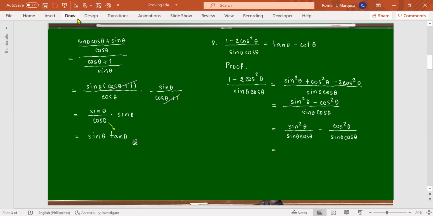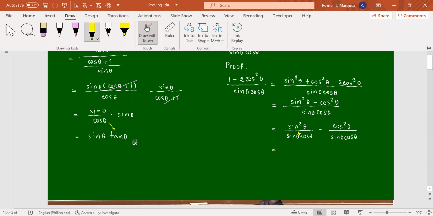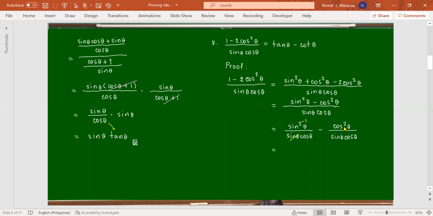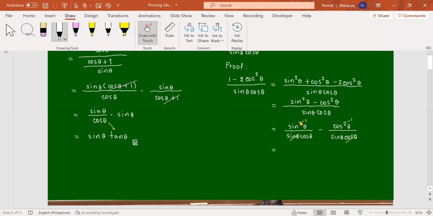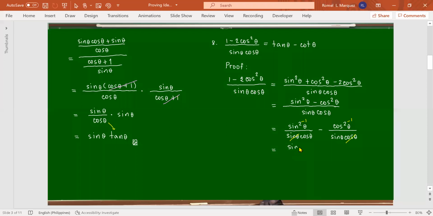So here we can cancel one sine here and then minus 1. In the second fraction, I can have minus 1 here in this exponent and cosine is canceled. So getting for the first term, sine theta over cosine theta. So that's it. This is equal to tangent theta. And this one, cosine theta over sine theta. And that is equal to what? Cotangent. So we're done. So again, this is tangent theta minus cotangent theta.